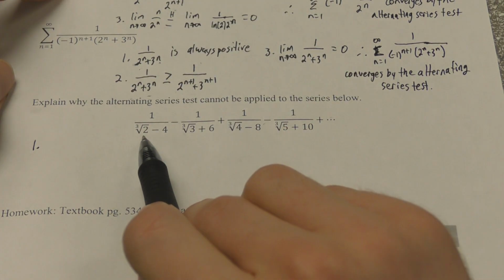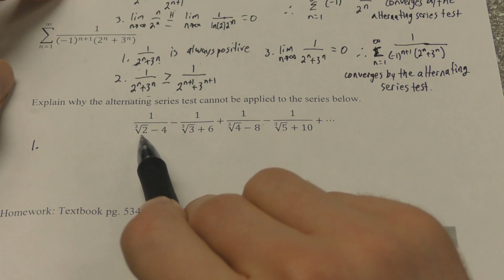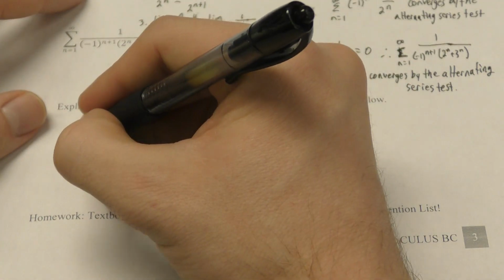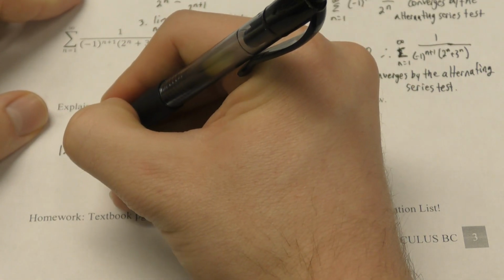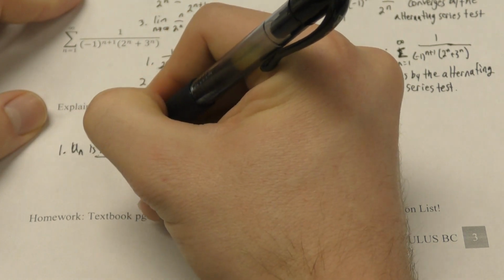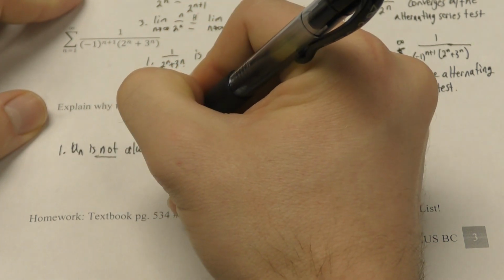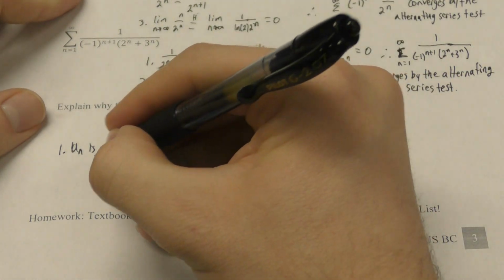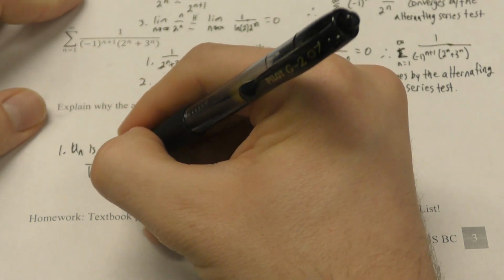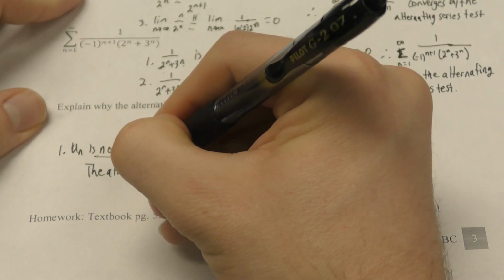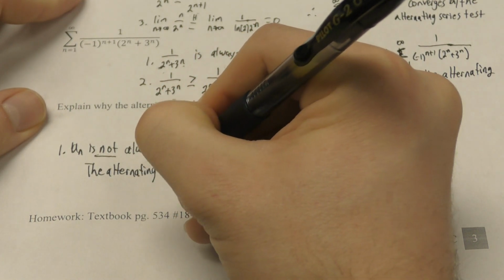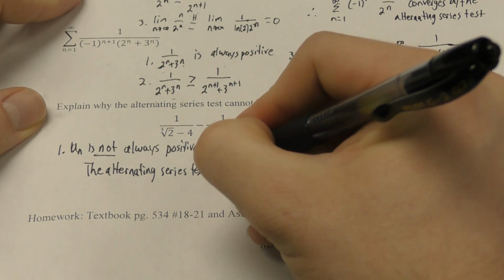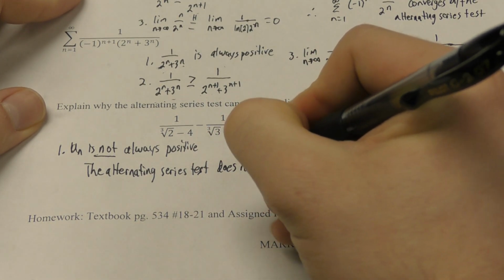Well, the cube root of 2 is definitely less than 4. So something less than 4, minus 4, is going to make our first term negative. So actually it fails at the very start here. U sub n is not always positive. The alternating series test does not apply.